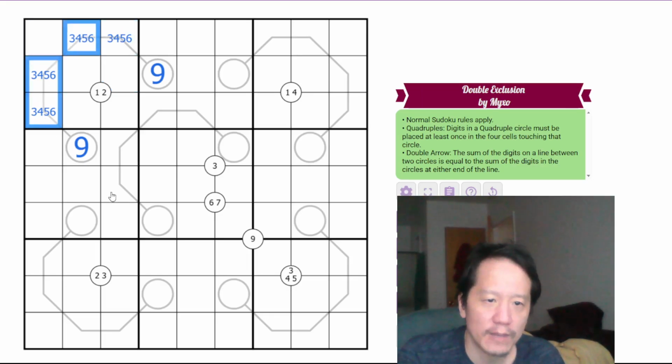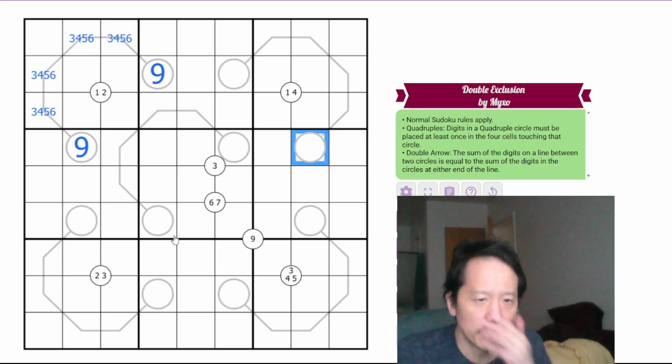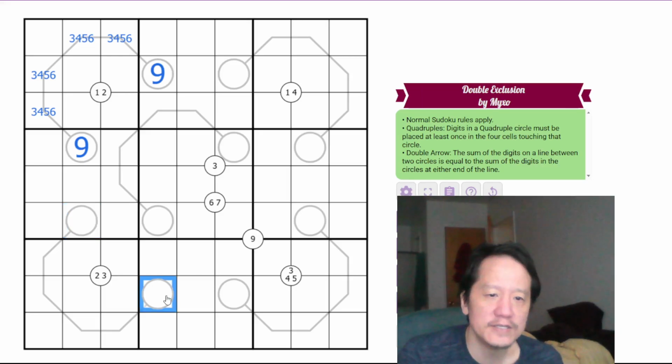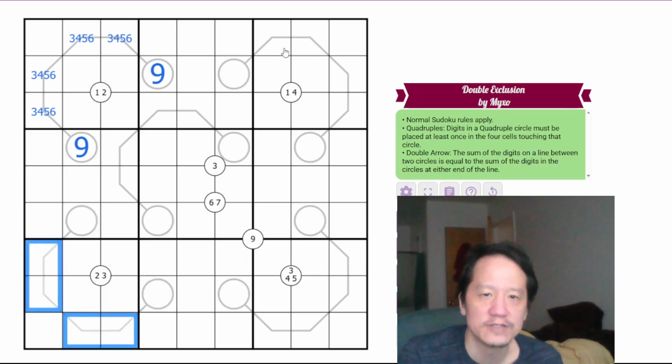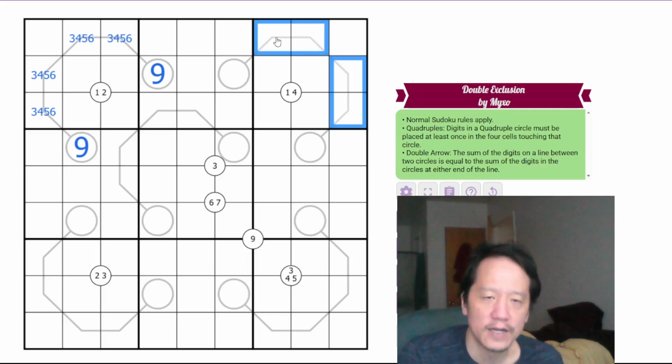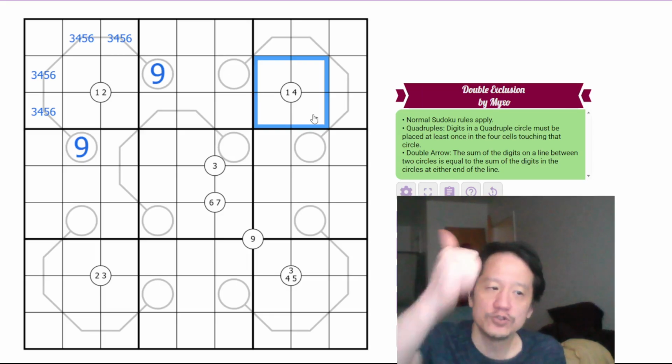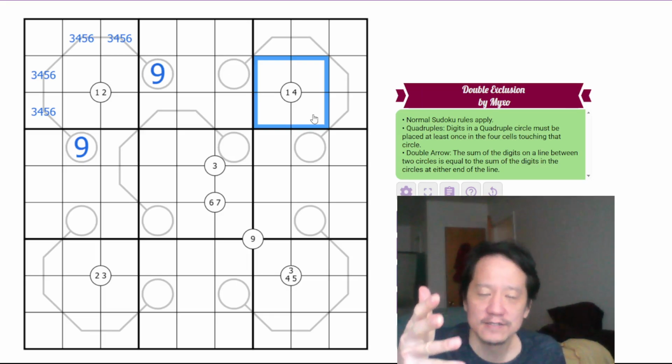Well, I'm guessing we could probably do something similar with these arrows. But because there's no 9 available now, these have to be at maximum 8 and 8. So that means 16 is now the biggest for these lines to add up to, right? Well, what's the minimum if you don't have 1 and 4? You have 2, 3, 5, and 6.